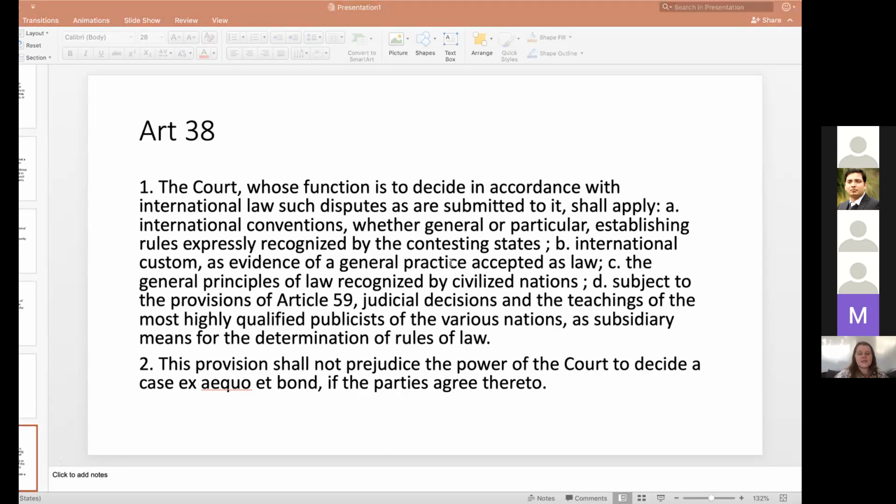So in Article 38, we can read that the court, whose function is to decide in accordance with international law such disputes as are submitted to it, shall apply international conventions, whether general or particular, establishing rules expressly recognized by the contesting states.